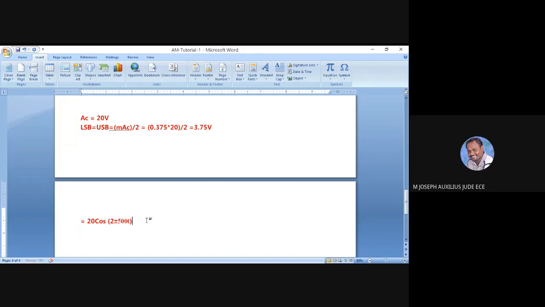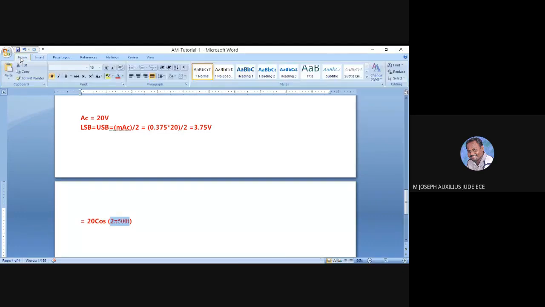Here you don't need to mention the notations. Then mAC by 2. What is mAC by 2? 3.75 into cos 2 pi, 510 fc.